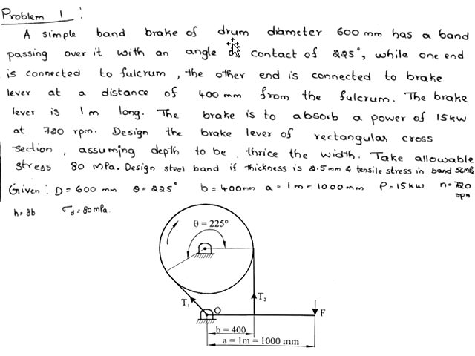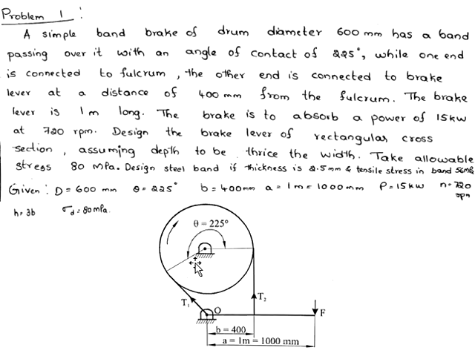So consider the first sentence of the question: simple band brake of drum diameter 600 mm. We'll draw one drum of diameter 600 mm that has a band passing over it. As shown in the diagram, there will be one band passing over it with an angle of contact 225 degree.